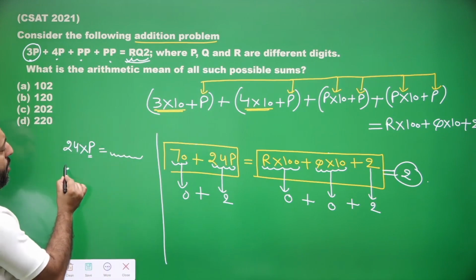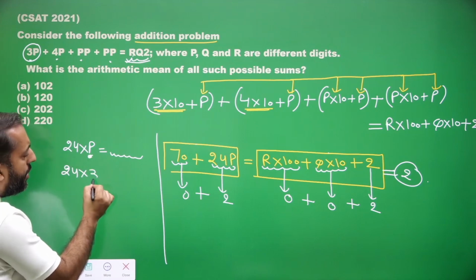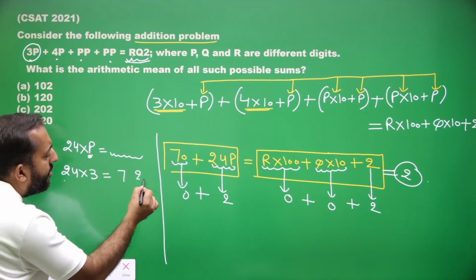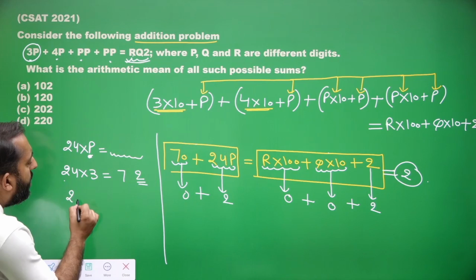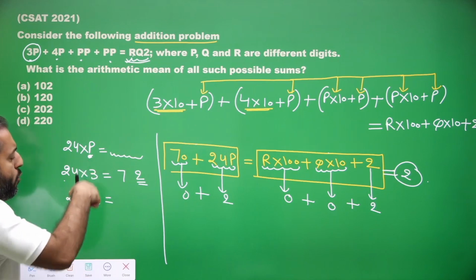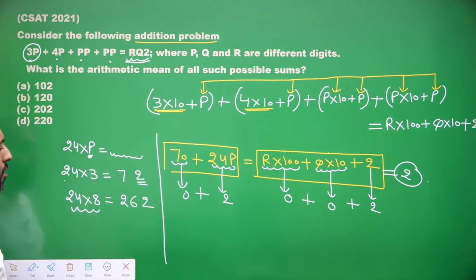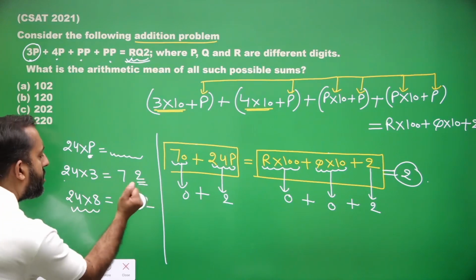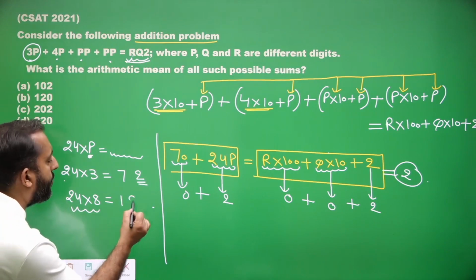It is possible when you replace p with 3, because 24 into 3 is 72. 72 has 2 as the unit digit. And you can also replace p with 8. 24 into 8 is what? Just a second. Not 262. 24 into 8, 192 it is.